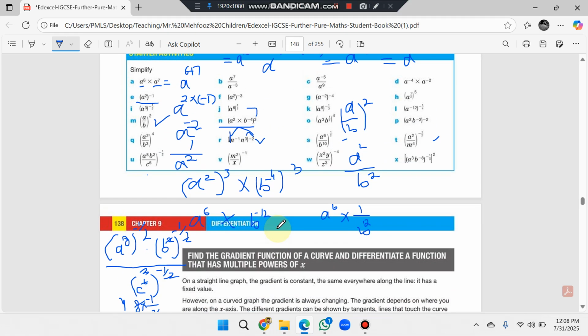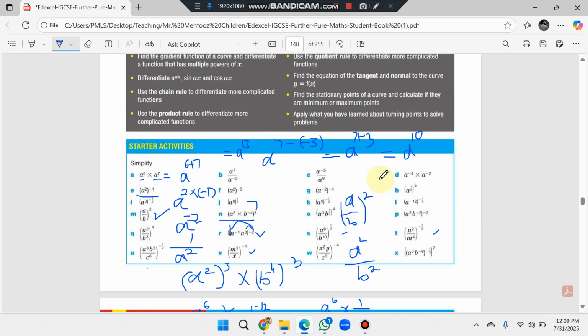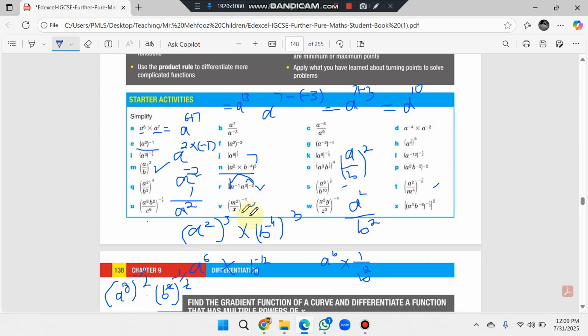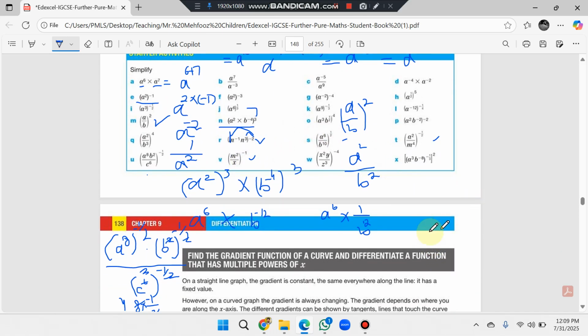Yes. Okay, next is again part V, which is m squared over x whole raised to the power minus 1. This can be solved by an easy method. The first method is that we can write it as m squared whole power minus 1 over x whole power minus 1. We just separate the powers.